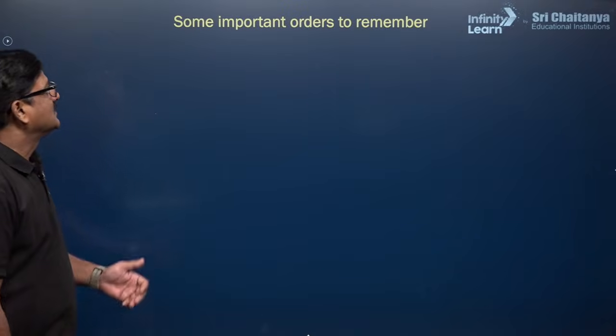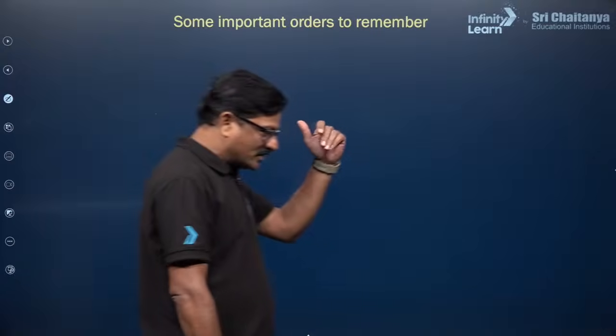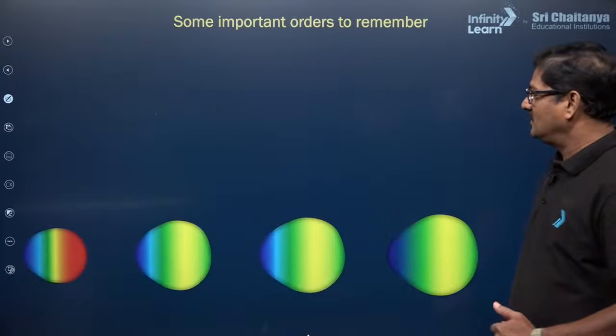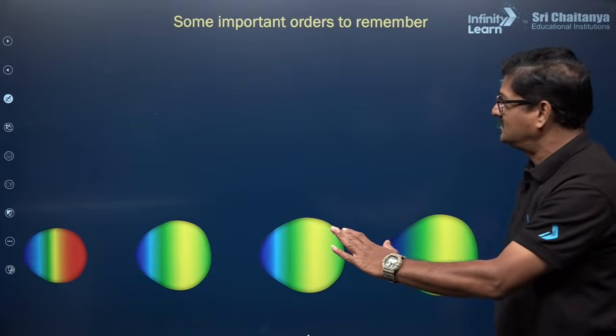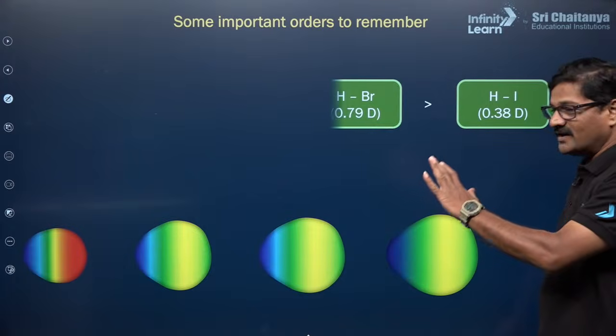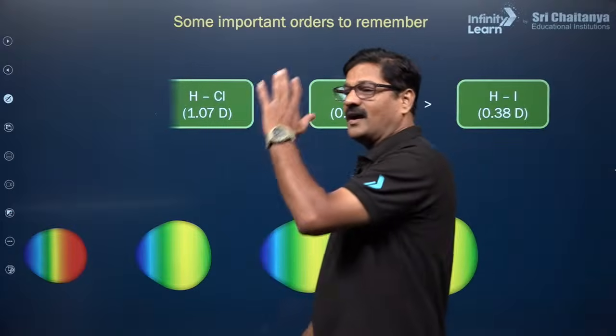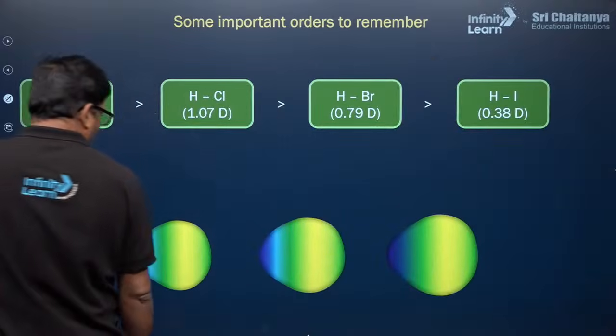That's good. So some important orders to remember here. I want to say the polarity of hydrogen halides. You can see hydrogen iodide, hydrogen bromide, hydrogen chloride, hydrogen fluoride.